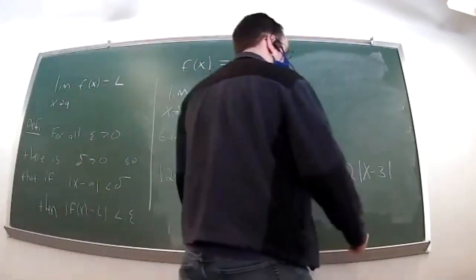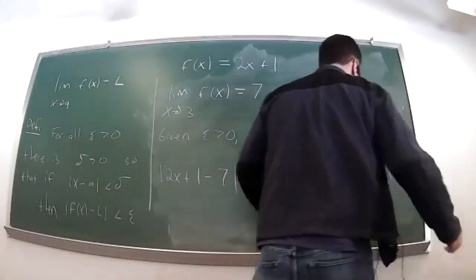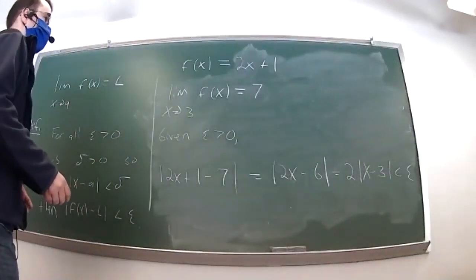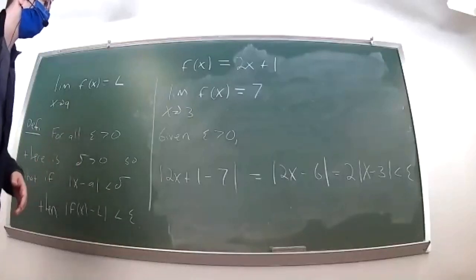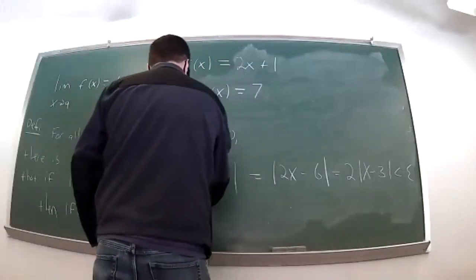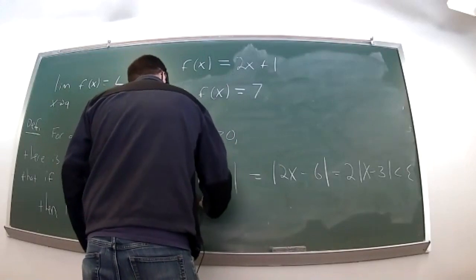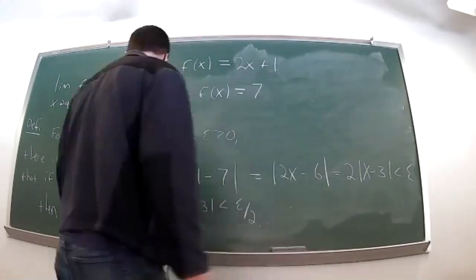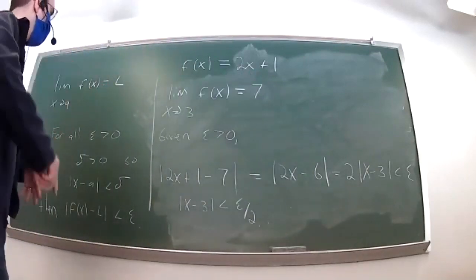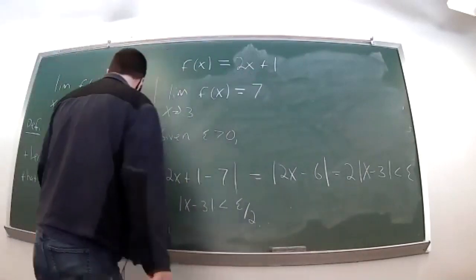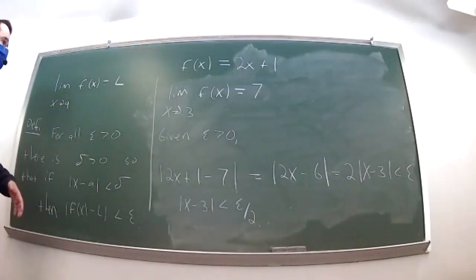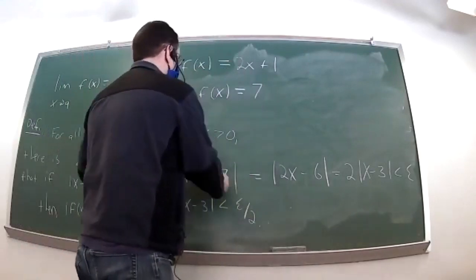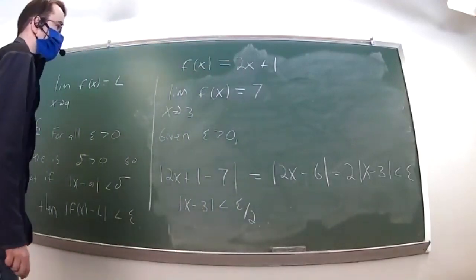And if you want this to be less than epsilon, then you're going to want to choose delta to be equal to epsilon over 2, because you're wanting |x - 3| to be less than epsilon over 2. So if you choose delta to be epsilon over 2, then whenever |x - 3| is less than delta, it will also be less than epsilon over 2, and therefore your limit condition will be satisfied.